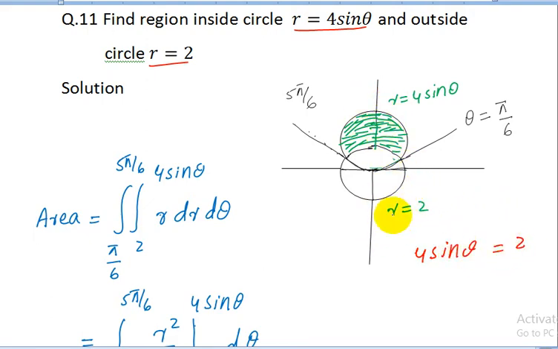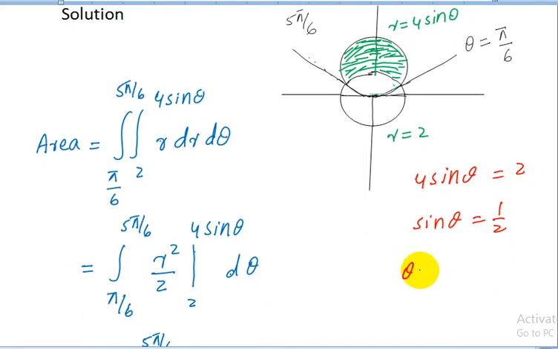Here sine theta is equal to 1 upon 2, and theta equal to sine inverse of 1 upon 2, which is equal to pi by 6, its principal angle.